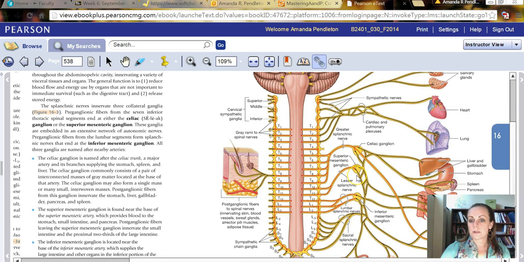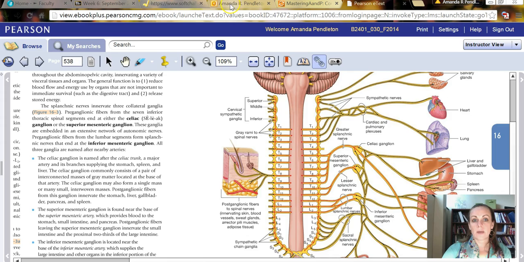Another thing to note in this image is the neurotransmitters used. Preganglionic neurons will release acetylcholine, and that will stimulate the postganglionic neurons. But these postganglionic neurons, when they get to their effectors, are generally mostly going to release norepinephrine.